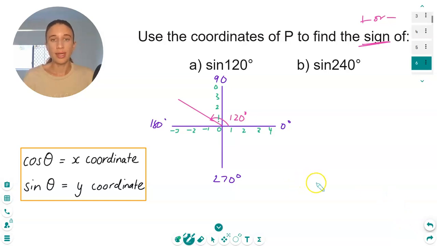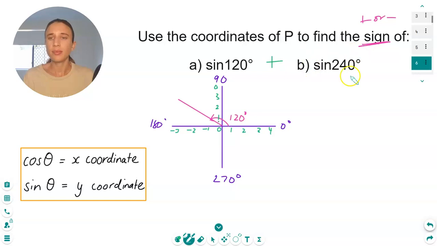The y coordinate is sine theta. There are other videos on YouTube that will show you why, but I just want you to have this in your mind. So can you see that the y values are positive? So we know that y means sine theta, and so sine theta is going to be a positive value. See how the y values are positive?